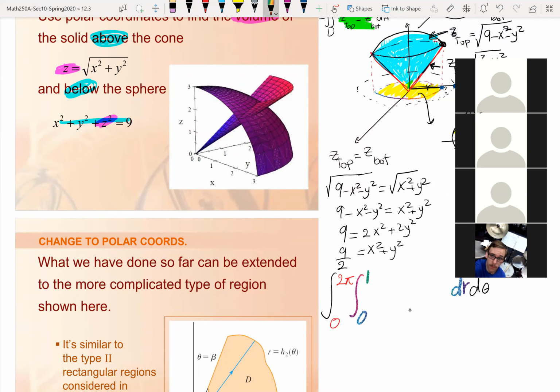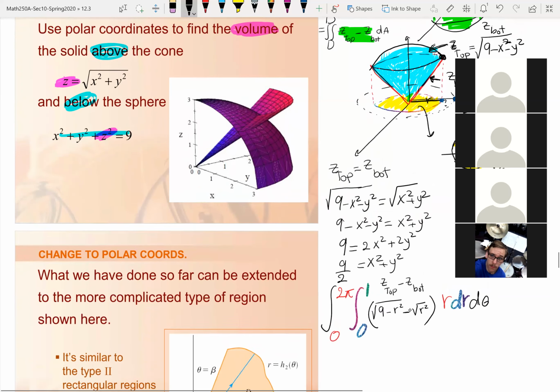And then there's an extra factor of r because of the Jacobian. And then, as I said, you have to put z top minus z bottom. Z top is your sphere, and the bottom is the bottom piece of your surface.